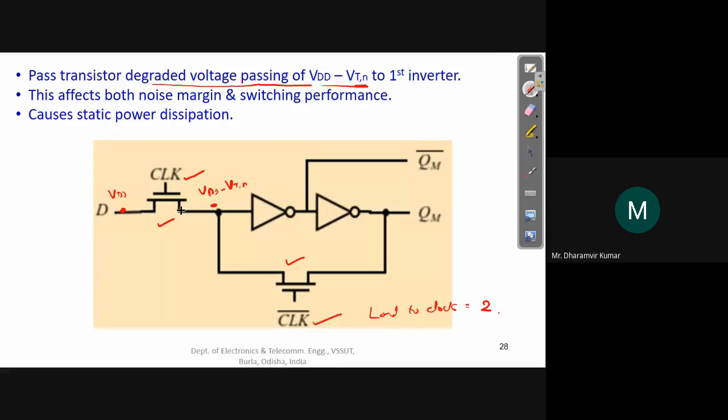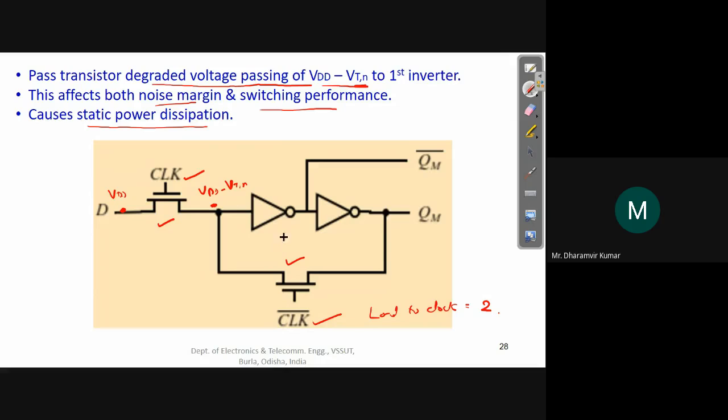So after each pass transistor, the voltage reduces. This is a critical factor. When you are able to handle this, then it's fine. Otherwise, it may go all upside down. And this will affect noise margin and switching performance, and we also know that pass transistors cause static power dissipation. So take care of this.